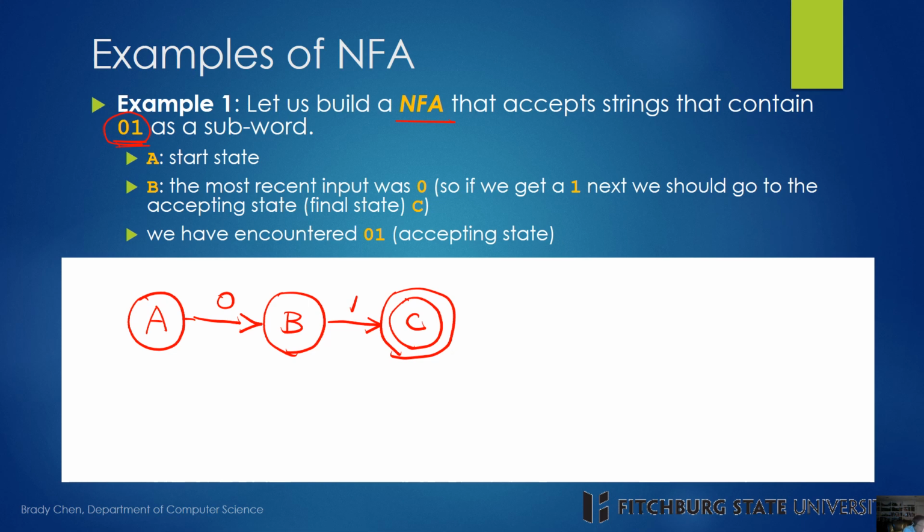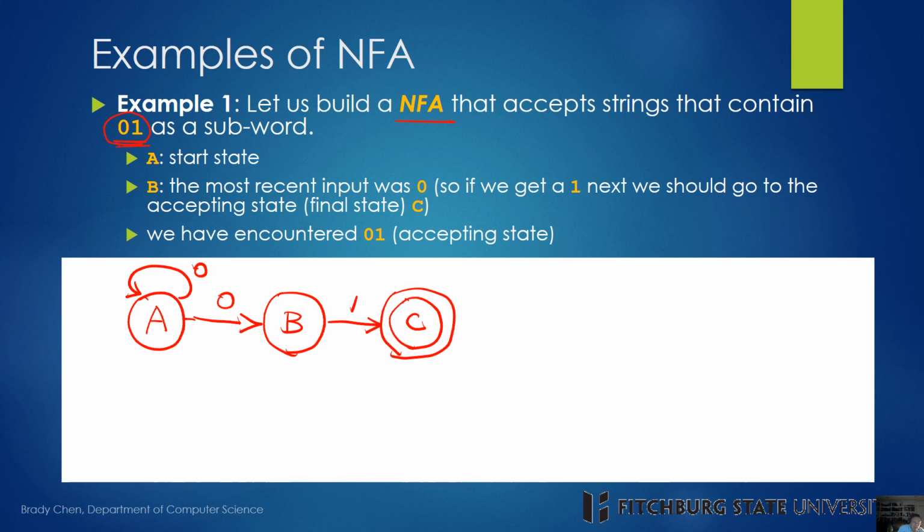However, this is a non-deterministic finite automaton. So it's possible that we allow the next state to be A as well. If the current input is 0, we stay in A, because it allows us to have as many 0s as possible.